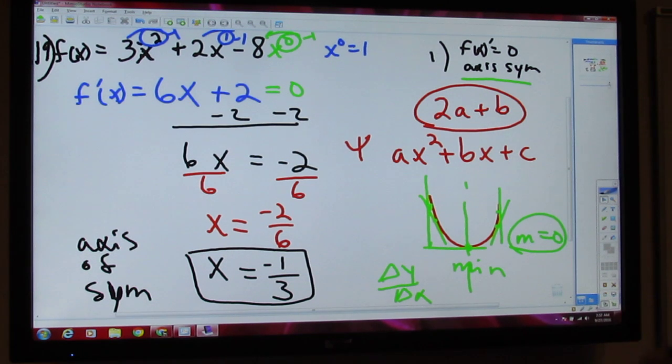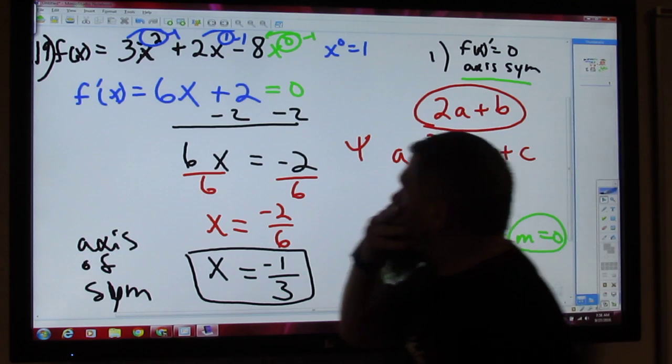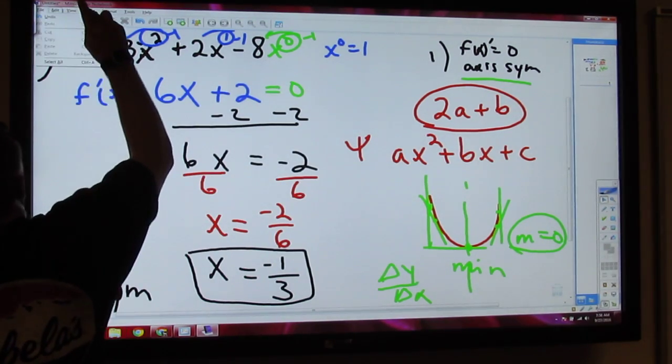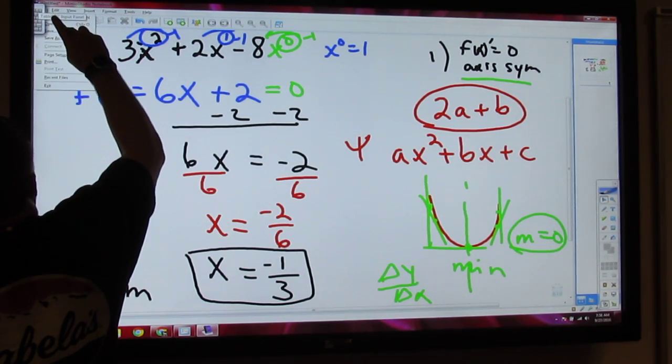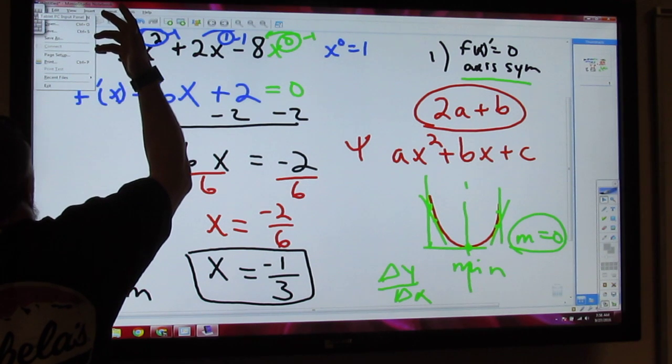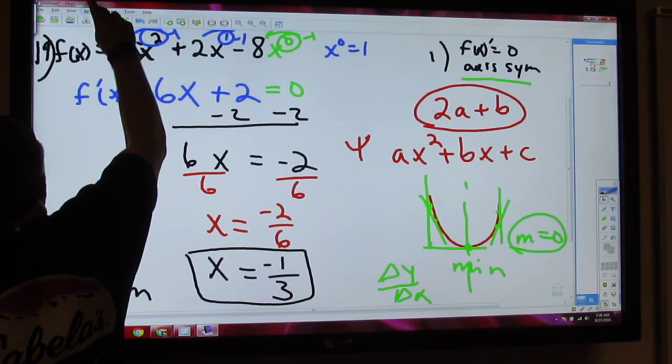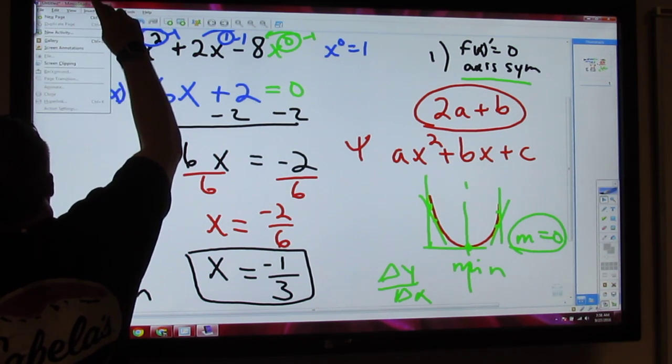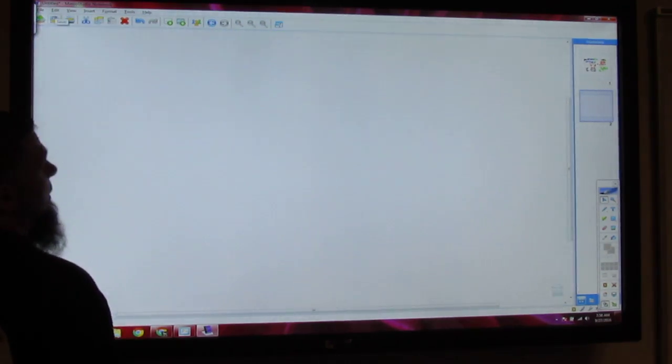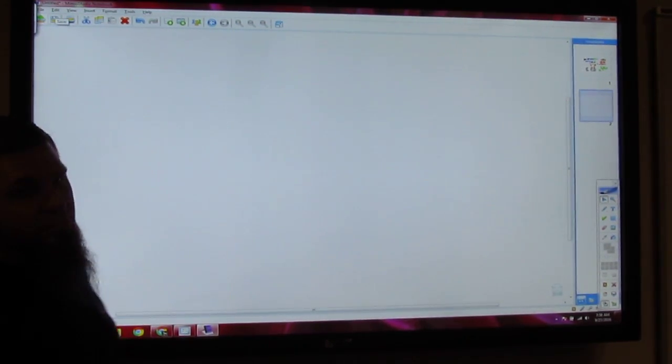Did you try holding it on there? How about file? Insert. New page. New page. Bam! Oh, there you go.